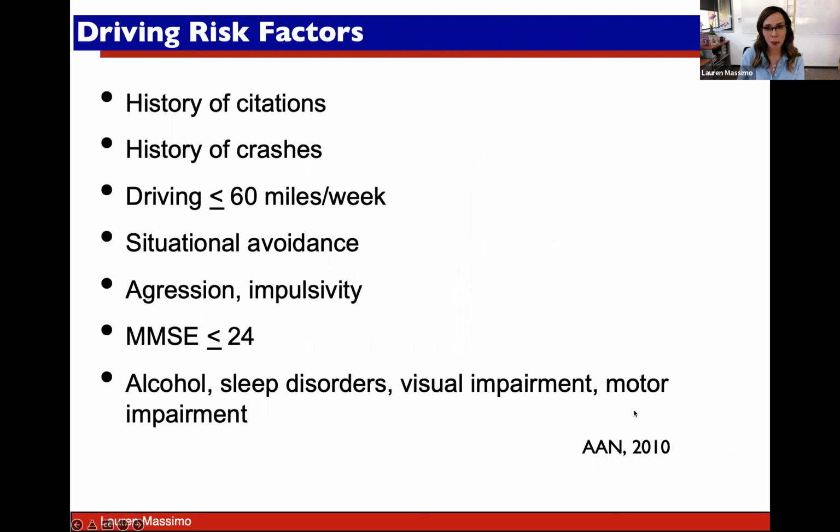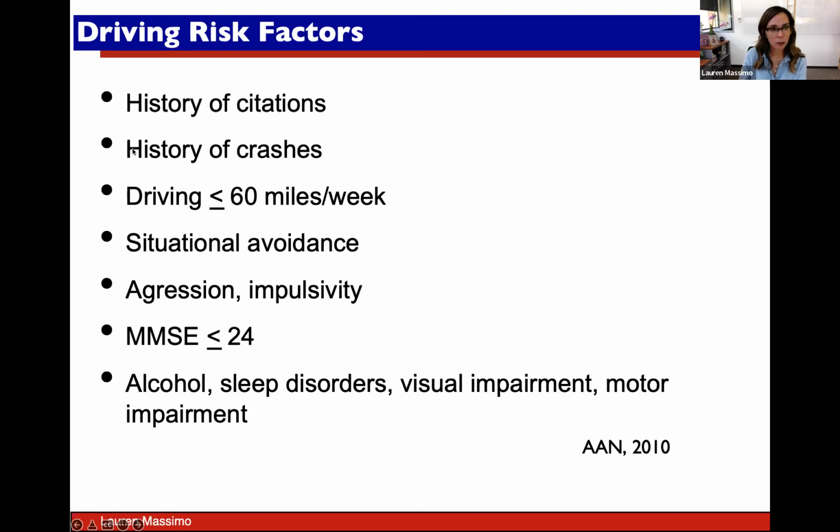As clinicians, it's important to think about driving, and when it can become a really difficult decision, about when to have that conversation about the risk of driving with individuals who have cognitive impairment. So here are the American Academy of Neurology guidelines, which were reaffirmed in January of 2022.